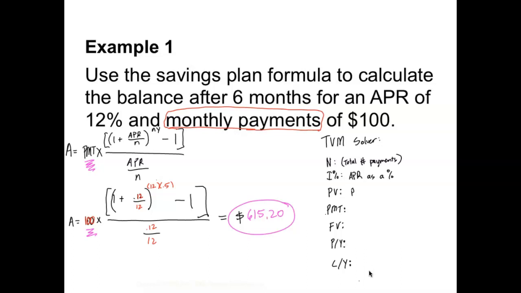PV stands for present value. How much money is currently in the account, or how much do you currently owe on the loan, depending on what type of financial calculation we're making. In this section, we're going to be talking about savings account. So present value is how much is currently in the account. PMT is your payment, so your deposit amount. FV is future value.